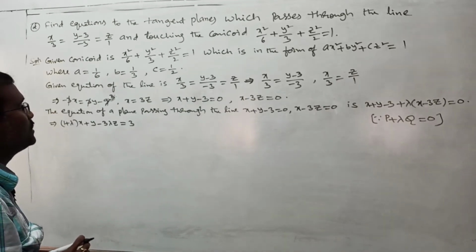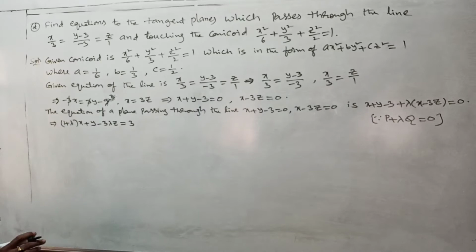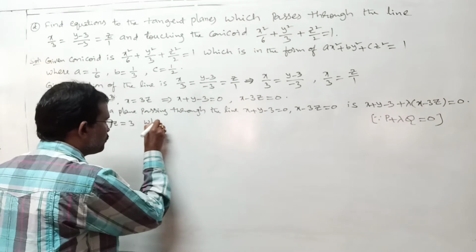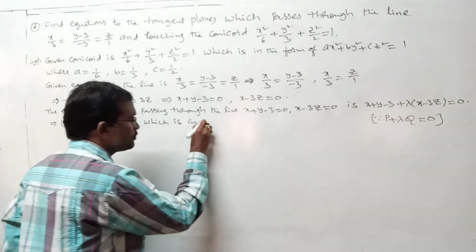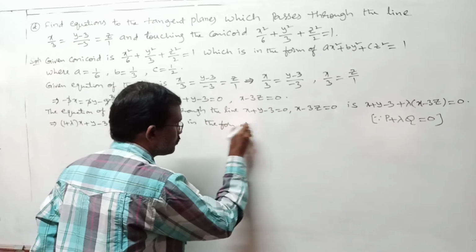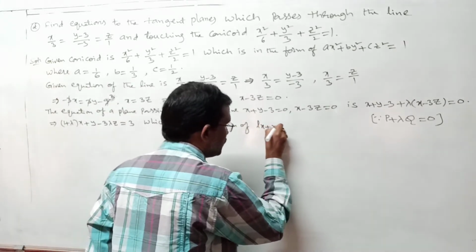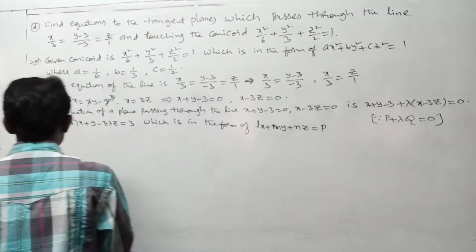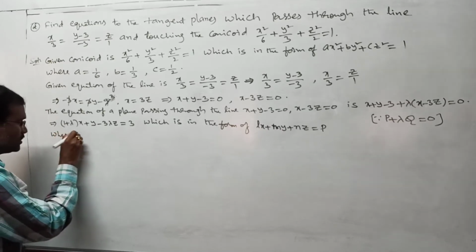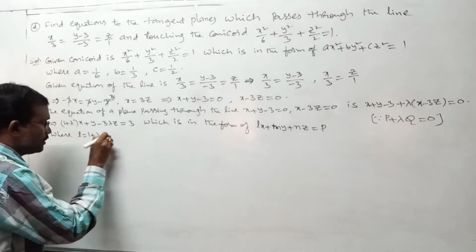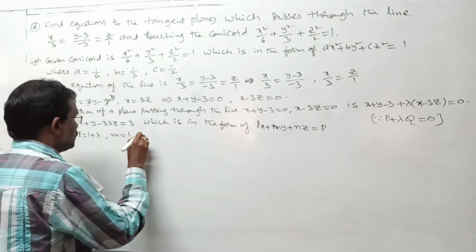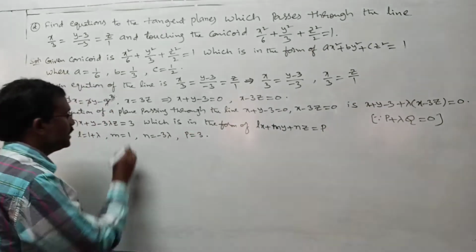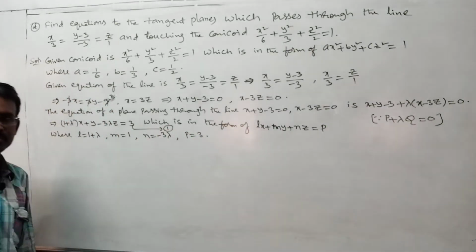Now this is your plane form. Compare it with the regular form, which is in the form of Lx plus My plus Nz is equal to P, where L is 1 plus lambda, M is 1, N is minus 3 lambda, and P is equal to 3. Let it be, this is number 1. This is our required plane.